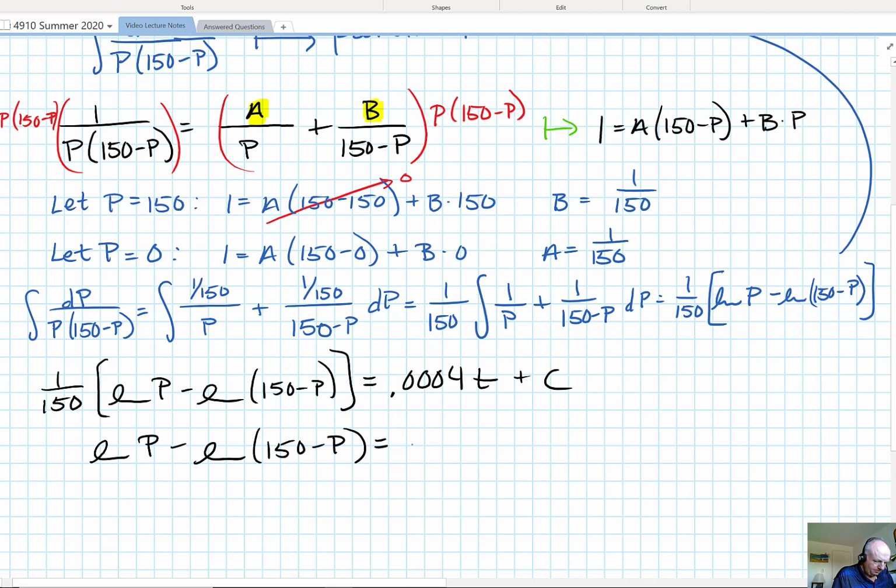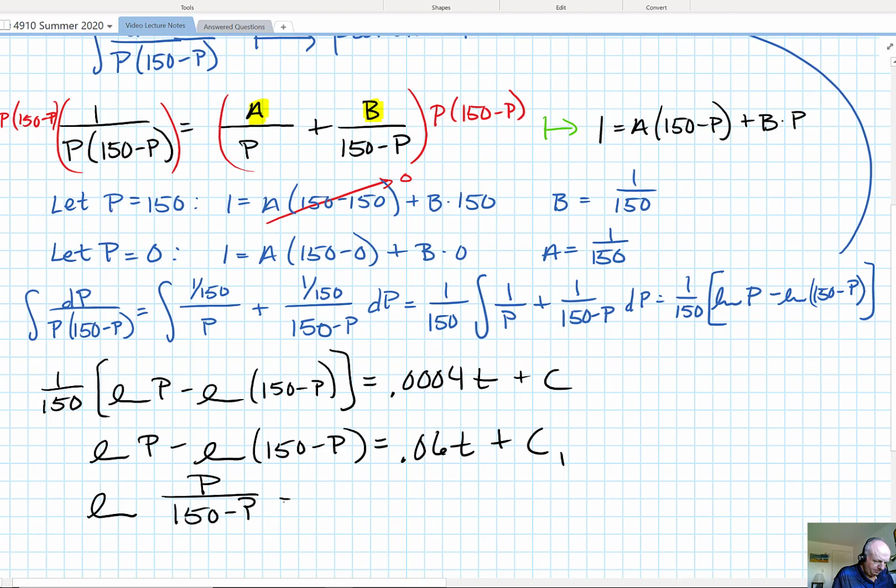That's going to give us 150 times 0.0004, which is 0.06, t plus a different constant, C sub 1. And then this side becomes ln of P over 150 minus P, right?